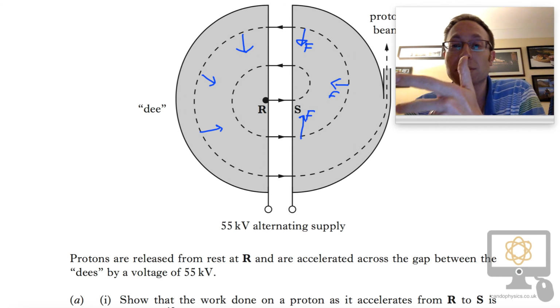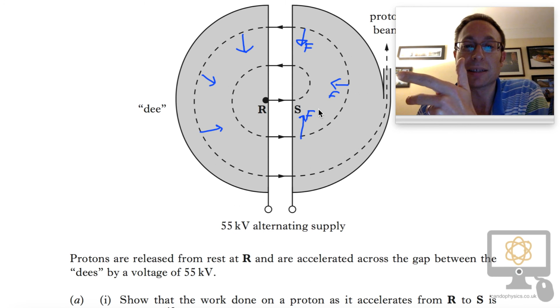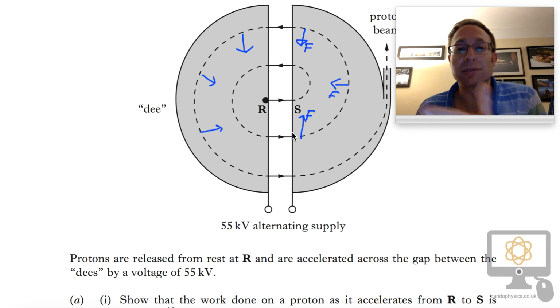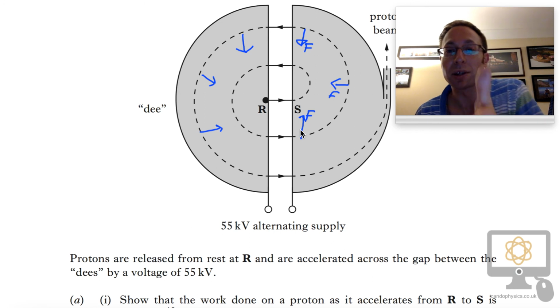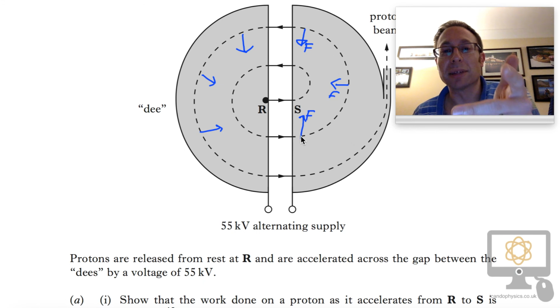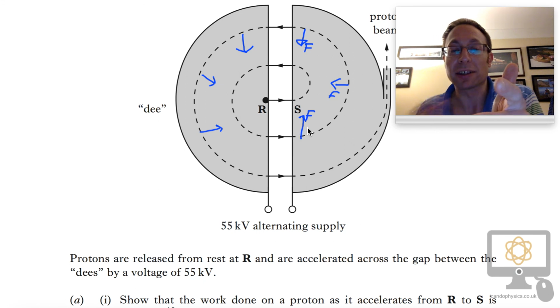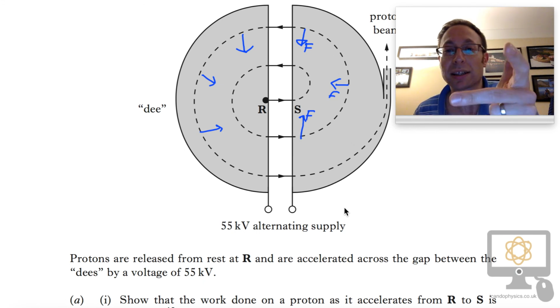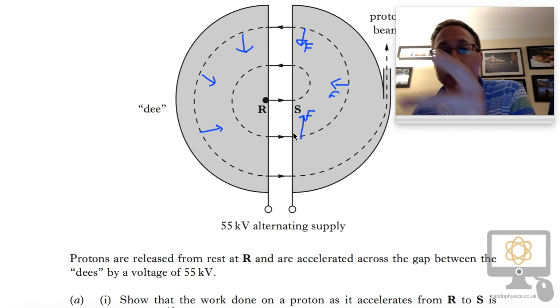I'm going to take one position on the diagram, this one right here, and think about what's happening to the proton. The first finger, field, at the moment I don't know what direction that's going in, but I do know that the thumb, which is my force, is upward. So I'm going to point my thumb upward. I also know that my middle finger is in the direction of current, so I'm going to point that in that direction.